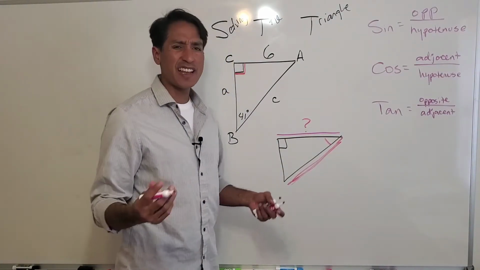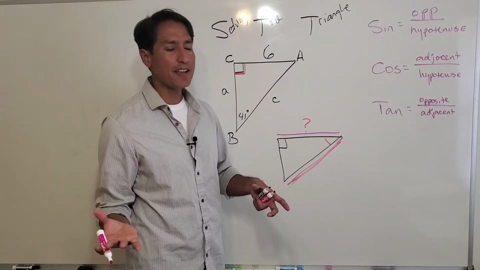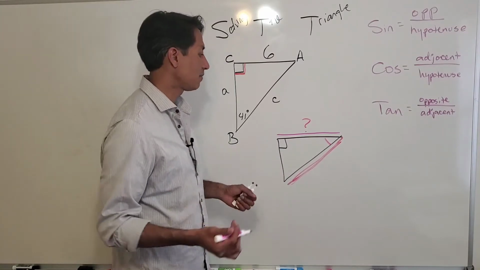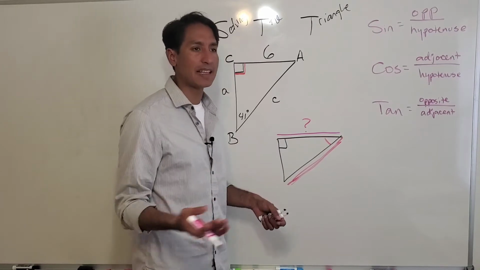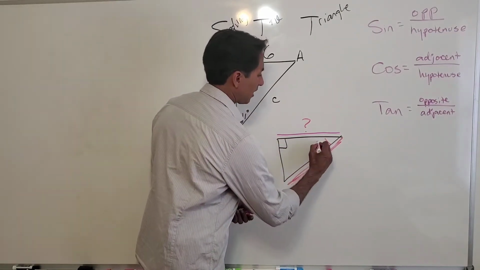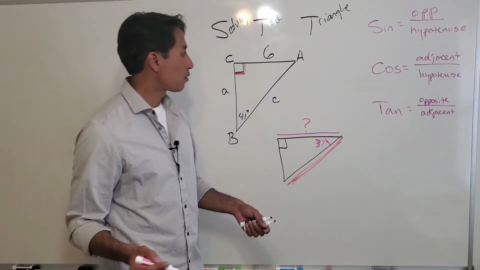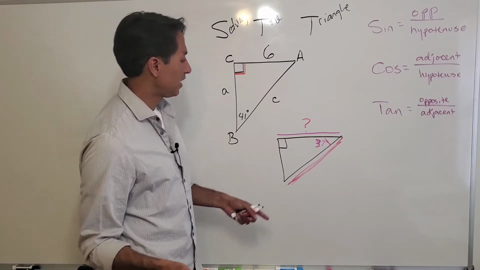Now you've got to start looking at these pieces of the puzzle and ask, what parts do I have and what parts can I use to solve this? I know it's kind of wordy, and I want to do a couple, and I'm hoping that as you see them, you'll go, okay, I get it. So if I'm given this angle, let's say this is 37 degrees, whatever, in order to figure out the length of this guy, I can use, let's see here.